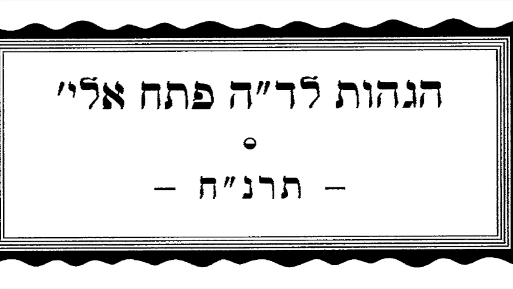Now, it's also very interesting, similar to what it says over here in our Maamar. It says, when they get to what it says in Tanya, in Perek Gimel, in Perek Yud Beis, it suggests that those parts of Tanya are lacking.